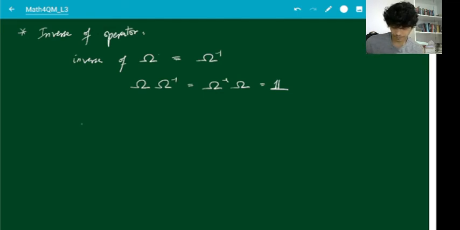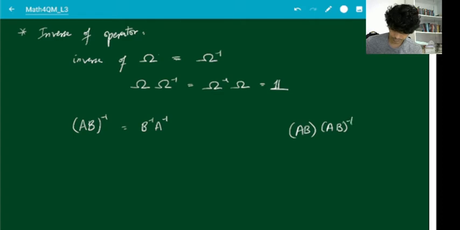What about the inverse of a product? If I have two operators A, B, and I want to take the inverse of AB, it has to be B inverse A inverse. You can check that, because AB into (AB) inverse will then be A B B inverse A inverse.